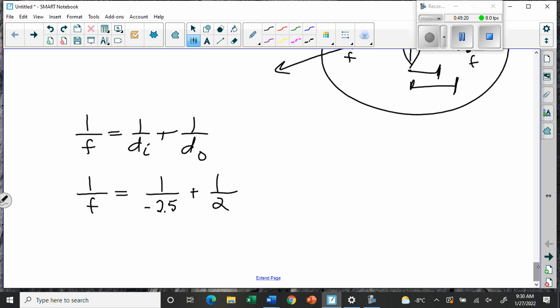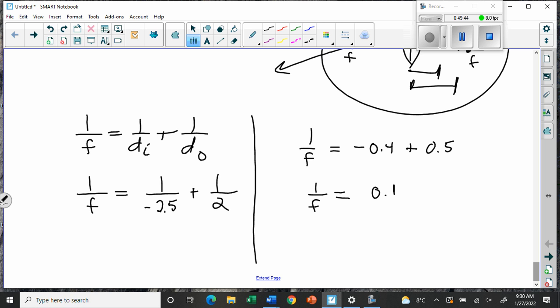Well, let's see what happens. We get 1 over F. Okay, let's just use decimals this time. Let's take 1 over 2.5, which is the same as 1 divided by 2.5. So that's a negative 0.4, but then this is a plus 0.5, which means that 1 over F is equal to a positive 0.1, right?